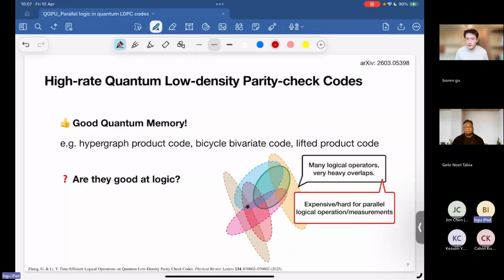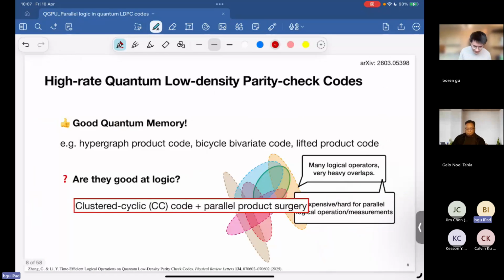This work deals with this problem. We propose a code called the clustered-cyclic code, or CC code, and we also introduce a co-designed way to do the logical operations, called parallel product surgery.